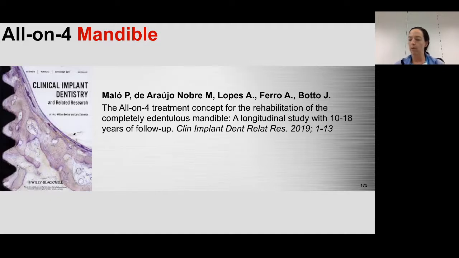Now we will continue. About the vertical dimension and all this prosthetic part, I will leave this to Philippe. Philippe will talk about the prosthesis and how we evaluate the vertical dimension.